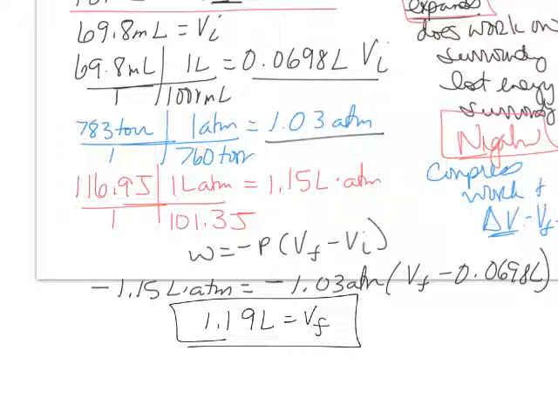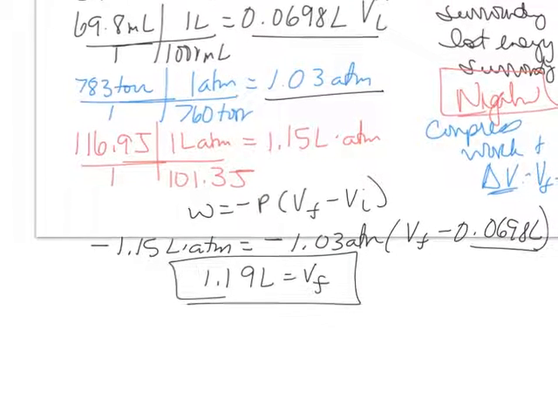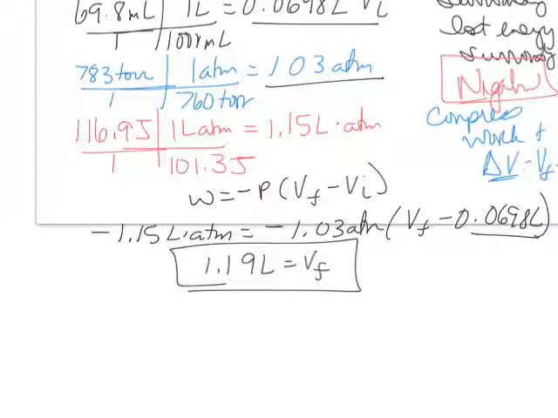And then the question is, did that expand? And the answer is yes, it did expand, because it started out at 0.0698 liters. Just to make this a little clearer, just in case some people might need it for the math, to work this, you would do negative 1.15 liters times atmosphere equals, and then you would multiply each term.